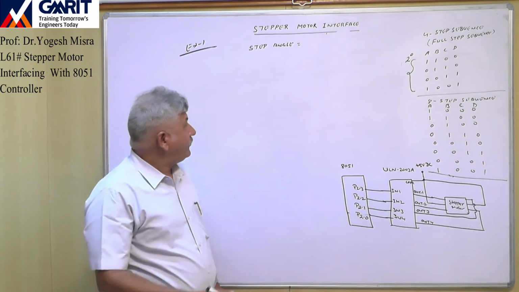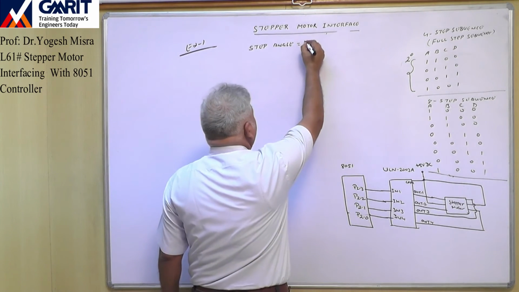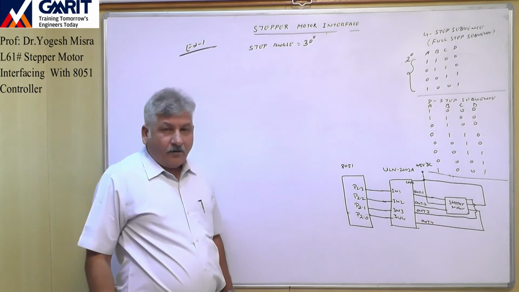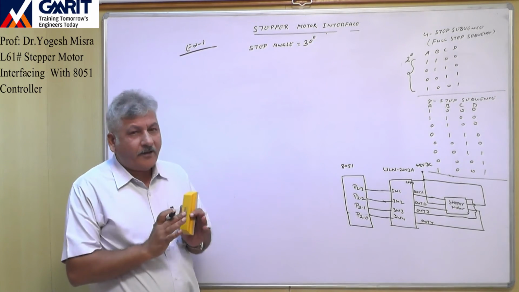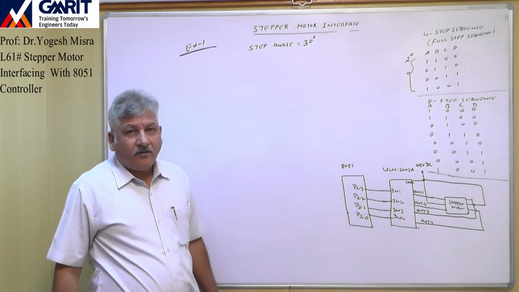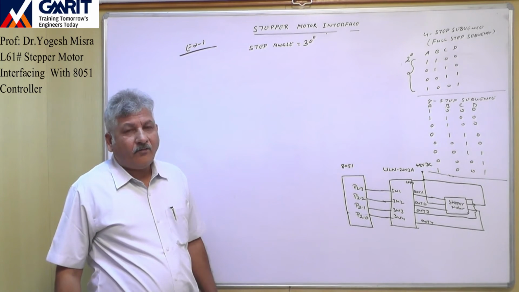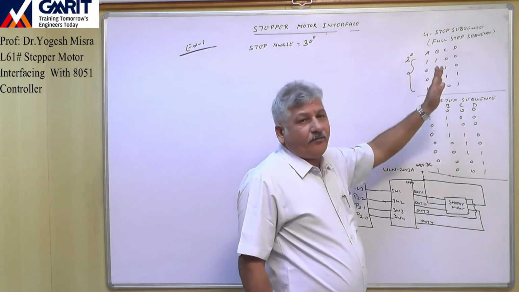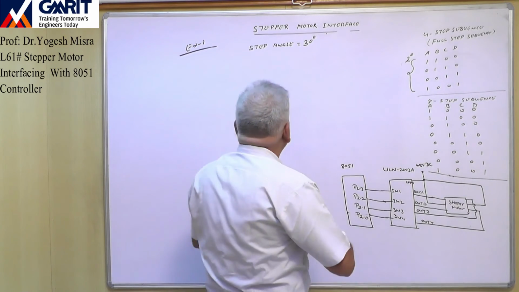Now suppose we are having a stepper motor with step angle 30 degree. So now we have to rotate the motor for 120 degree, means we want to give one full step sequence.